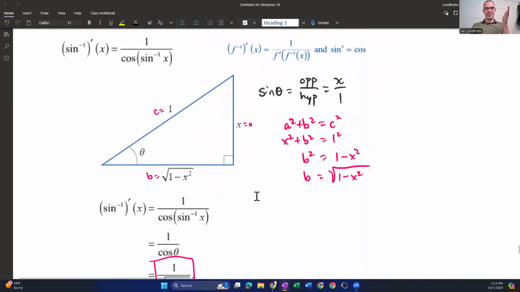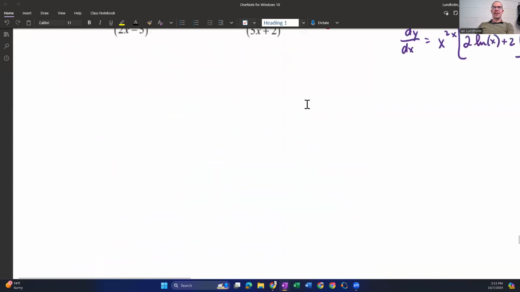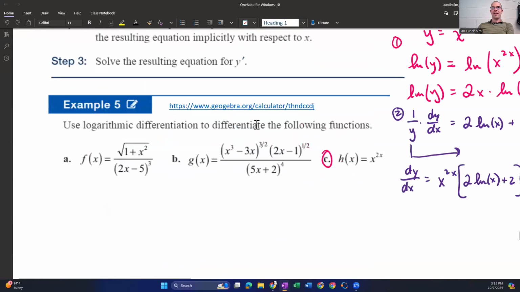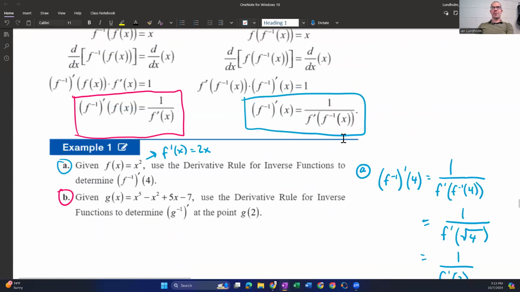Let's say we were going to try to derive the derivative of the arc sine. We're working with the inverse sine, arc sine, and we want to calculate the derivative. Here, we're utilizing this blue formula that we had earlier, up right here.